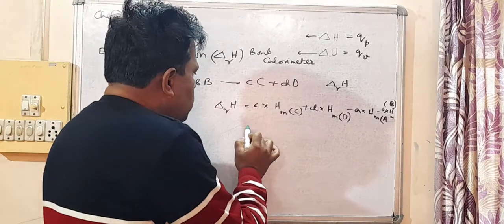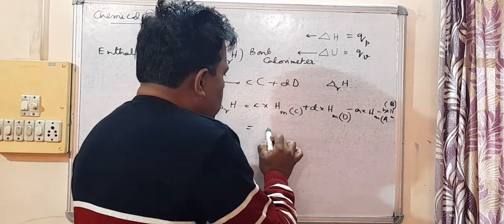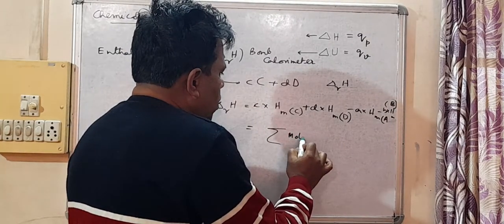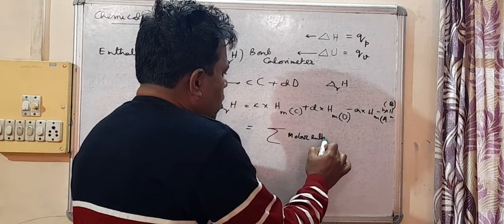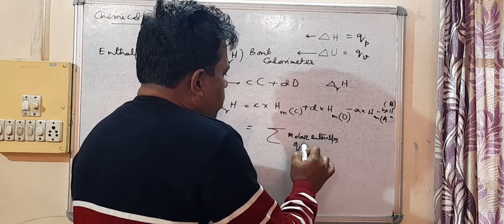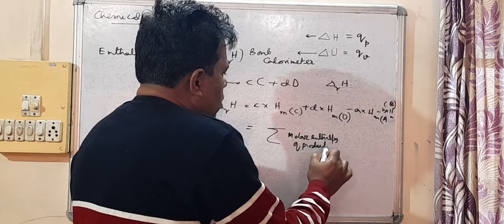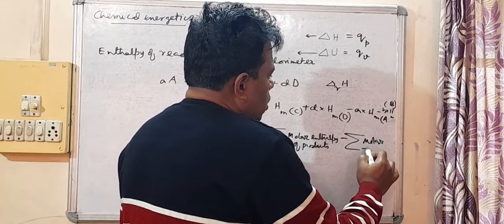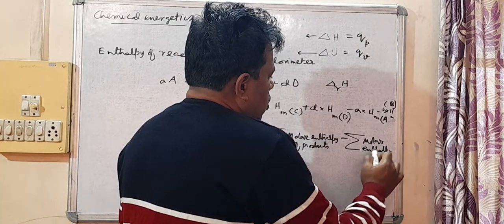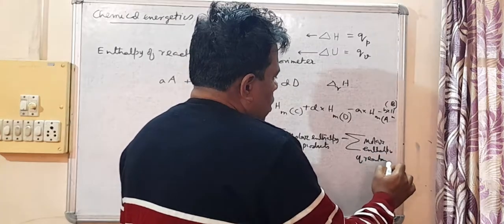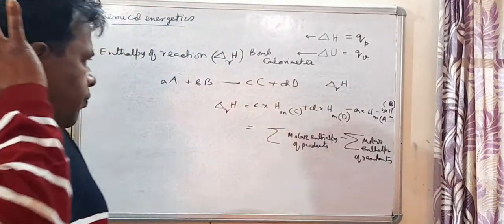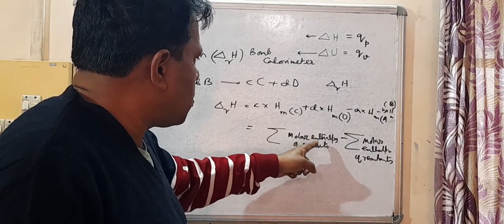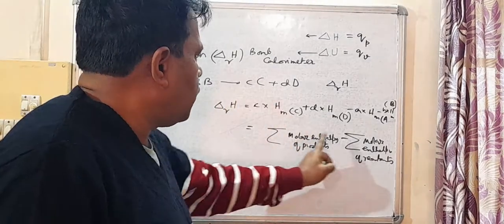So this we can also write in this way: summation of molar enthalpy of products minus summation of molar enthalpy of reactants. So we have to remember that this molar enthalpy, of course, has to be multiplied by their corresponding coefficients.